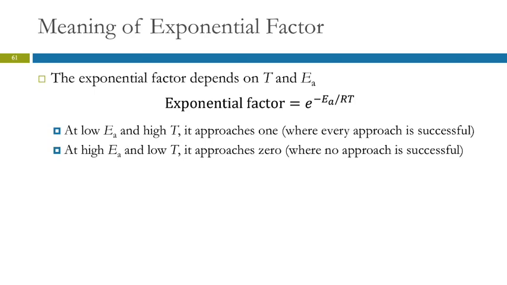So the exponential factor, this part right there, depends on the activation energy and the temperature. So if we have low activation energy and high temperature, that means this fraction is getting smaller, and e to the... dang, that's hard to explain.